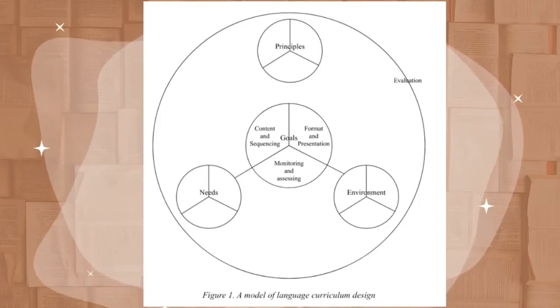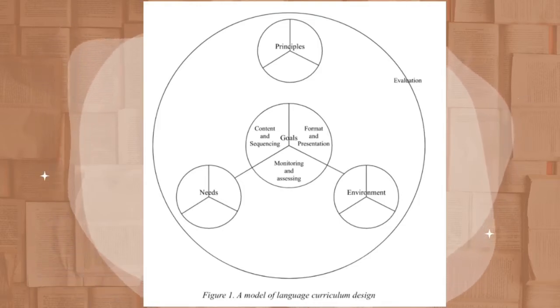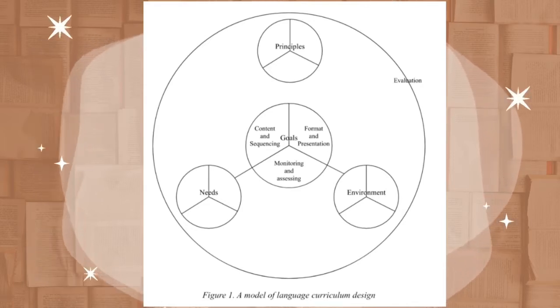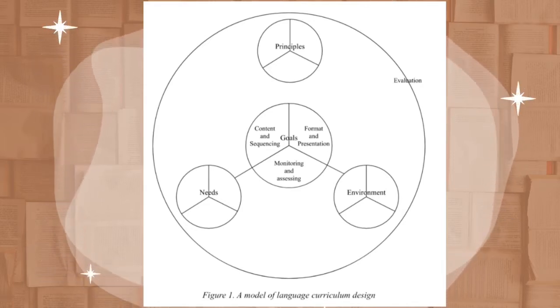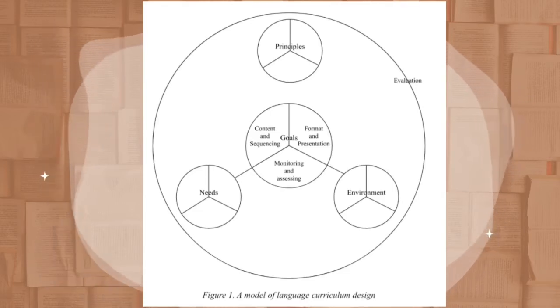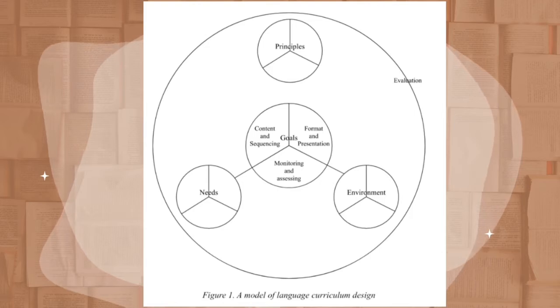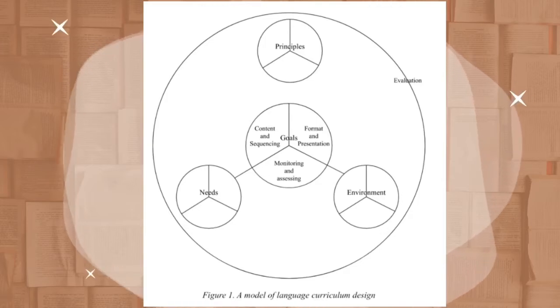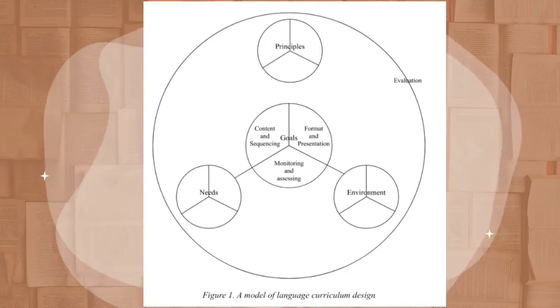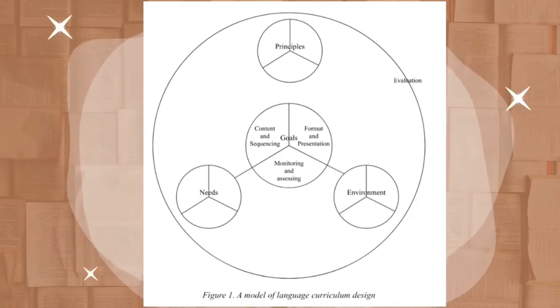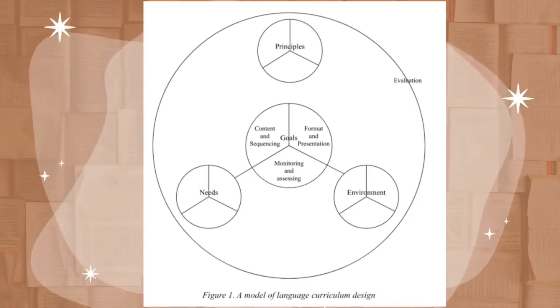The second factor, or the second outer circle, is needs analysis. Needs analysis identifies what students are currently able to do in the target language and what they should be able to do at the end of the course. Sometimes it is called the lacks and the needs of the students. The language course will take students from where they are now to a specific and perhaps more advanced stage.